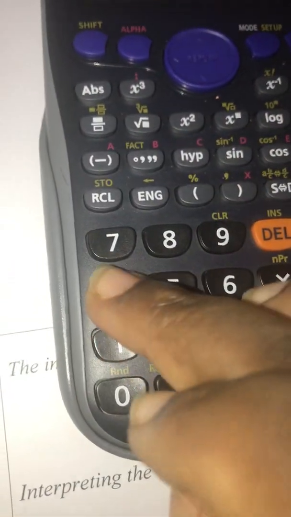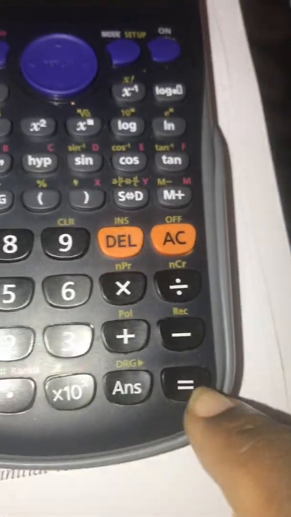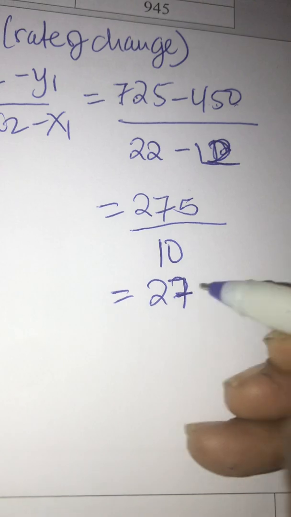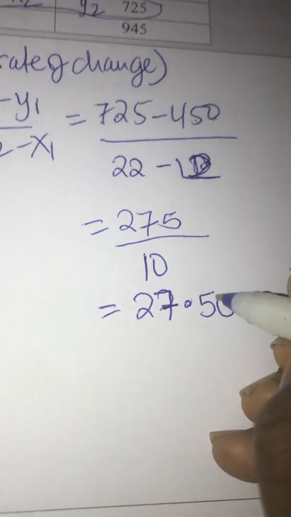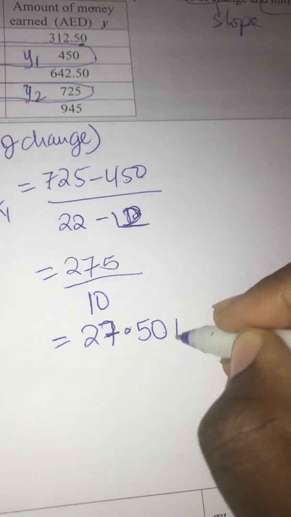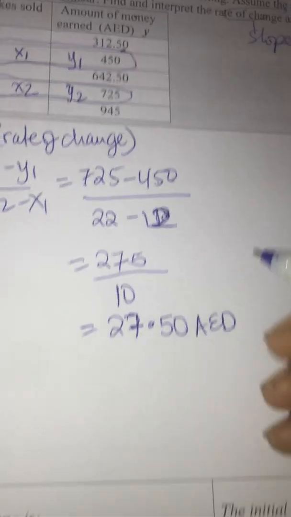725 minus 450 is 275. 22 minus 12 is 10. My slope is 27.50. And because it is money, I have to put the hundredths place. AED.